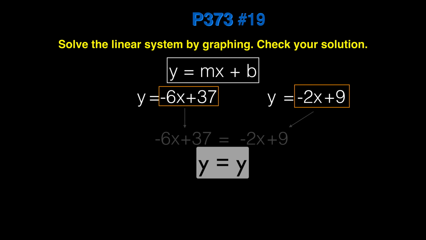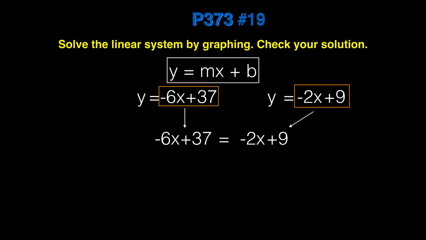Negative 6x plus 37 equals y, and negative 2x plus 9 also equals y. So negative 6x plus 37 equals negative 2x plus 9. With this new equation, we only have one variable, x. We've eliminated the y variable.